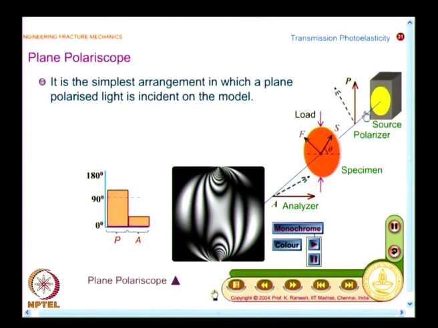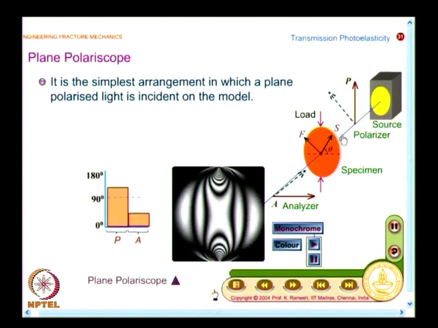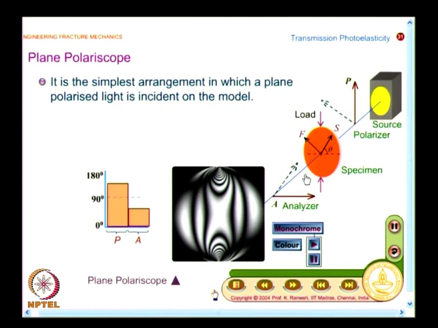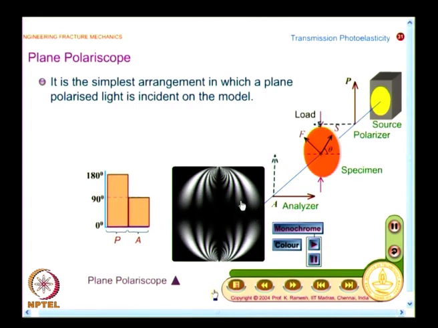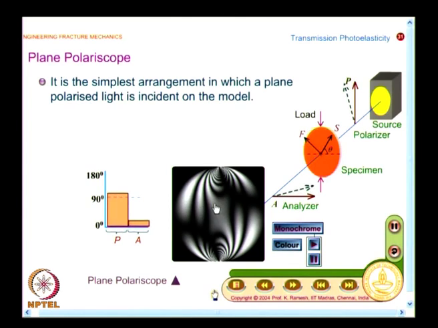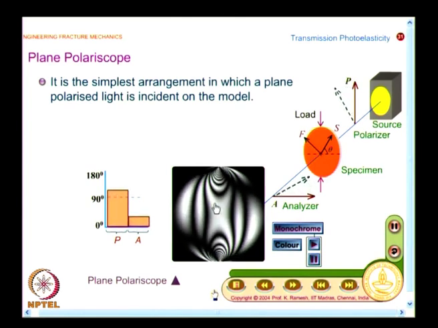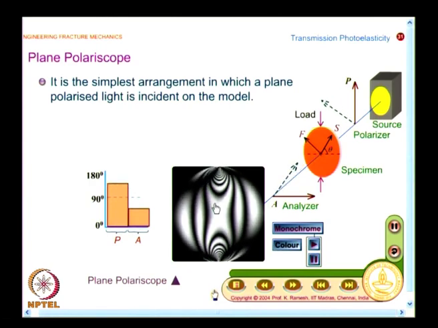What we did in the last class was analyze how the light passes through the model and comes out after the analyzer. Intuitively, because I see two fringe contours, the intensity equation should be a function of two parameters: one is the relative retardation delta, and the other is the principal stress orientation theta.